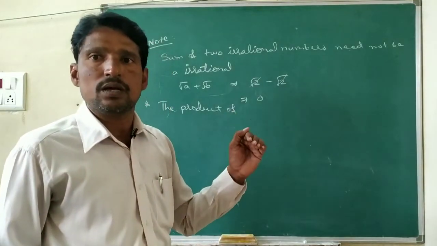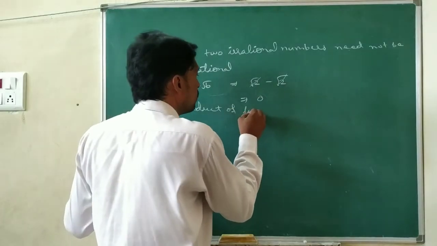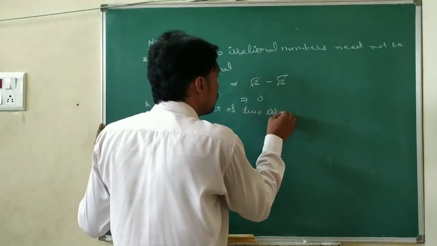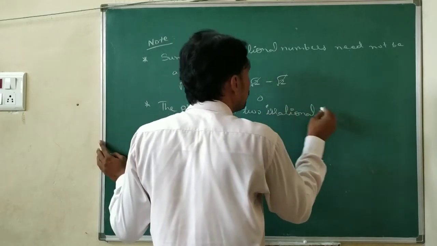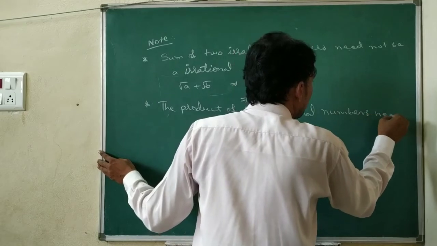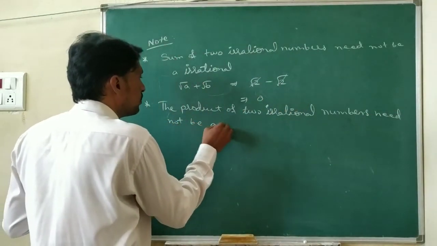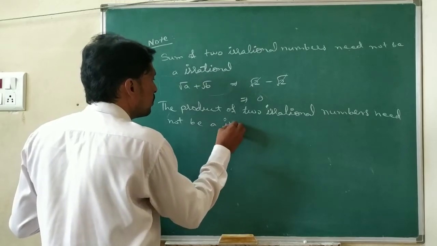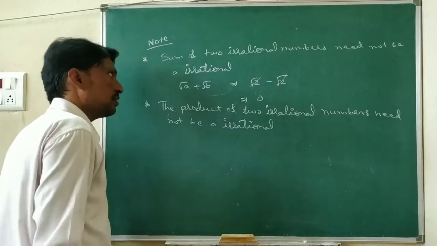Next, the product of two irrational numbers need not be irrational.